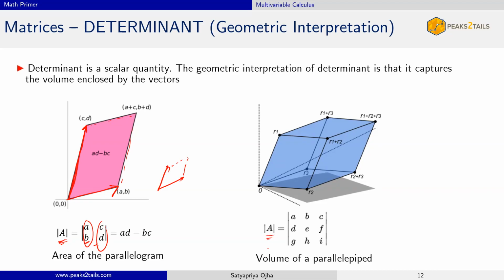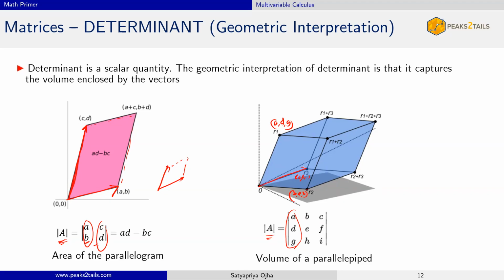So if you have a 3 by 3 matrix, the first column is ADG. That's, let's say, R1. This point is ADG, X coordinate, Y coordinate, Z coordinate. BEH is R2, and R3, our third vector, is CFI.